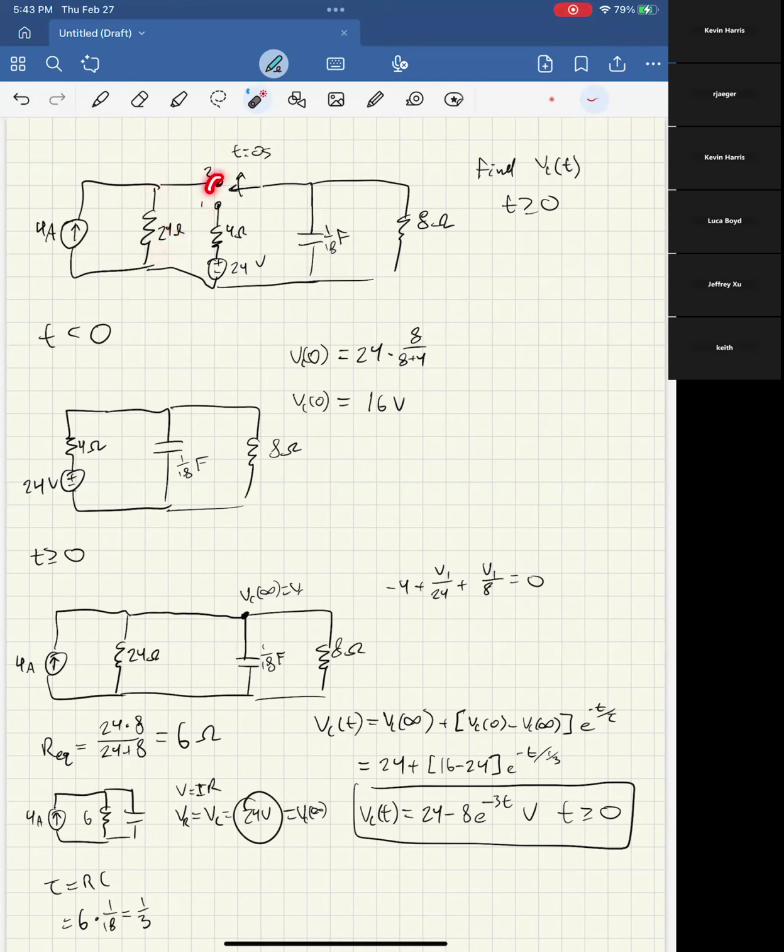That doesn't matter because it's not connected. Remember, you just have to consider where you have an actual loop. This is the part that matters, and then you consider the second half once the switch moves and don't consider this. Any other questions?